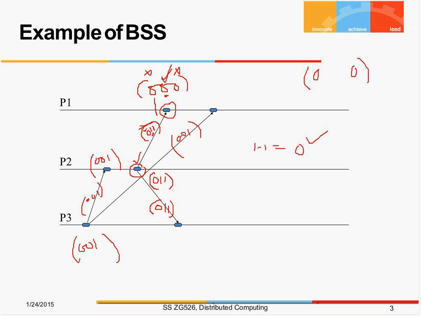Now you check whether this one is greater than or equal to this value. The answer is no, because this 00 is less than this 01, so it is not greater. It means we are looking for a more up-to-date value of the scalar in the vector at the receiving side. So this is what the second condition is. It is not true. Hence, you cannot deliver this message.